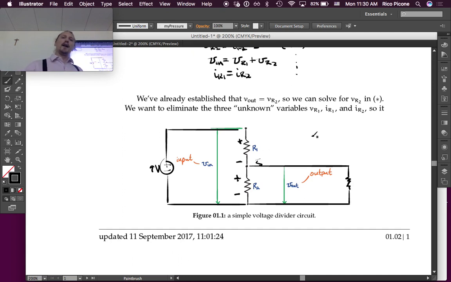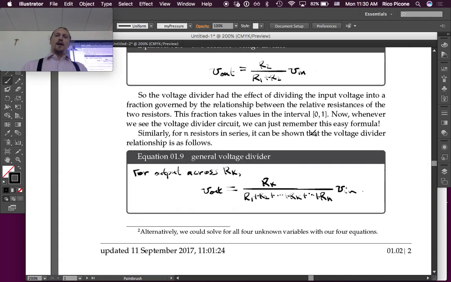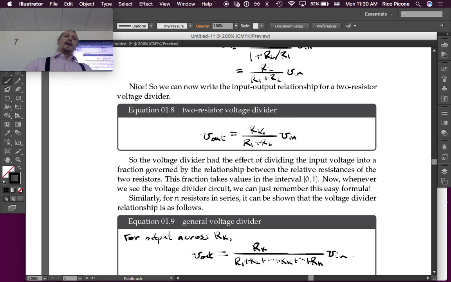So if you wanted that, you could use the formula right here, and you want to know the relationship between R1 and R2. You want your V out over your V in to be 5 over 9.